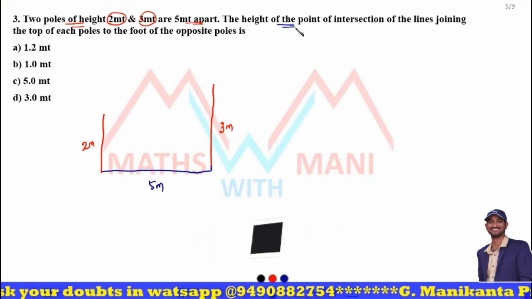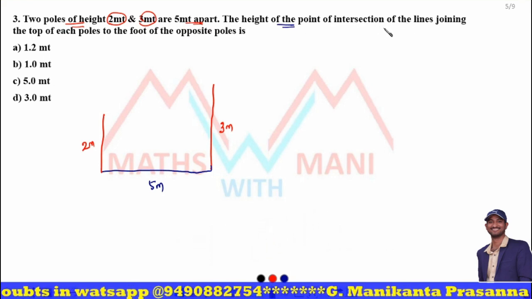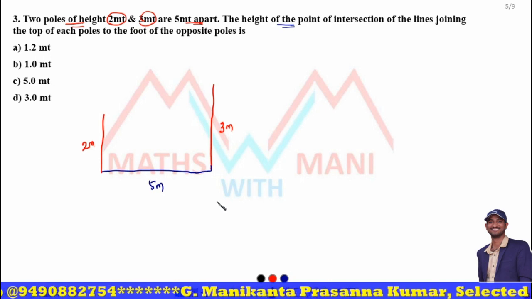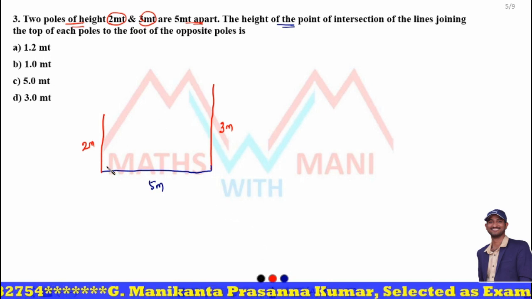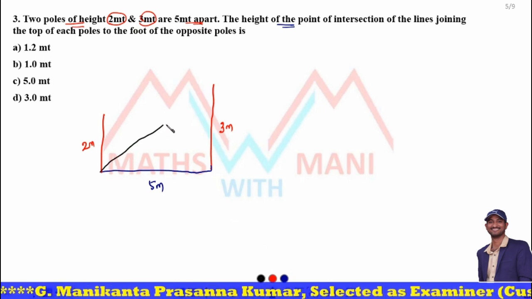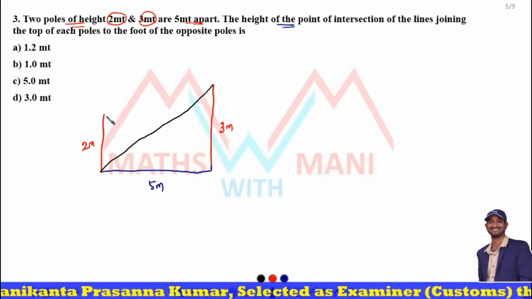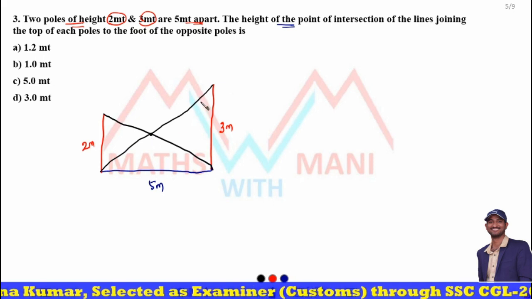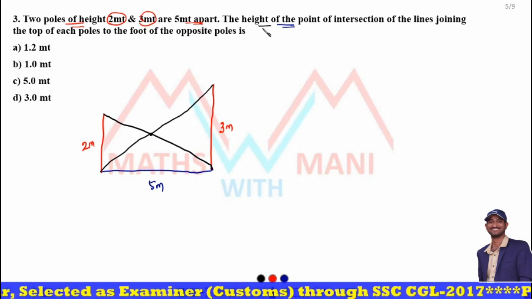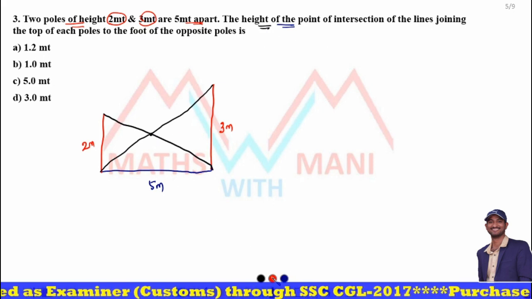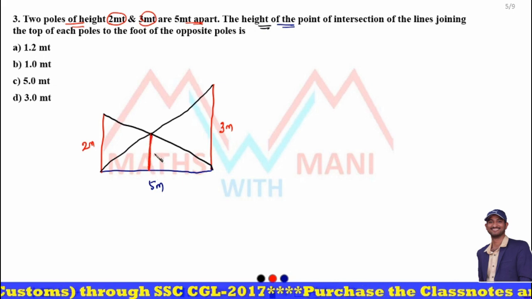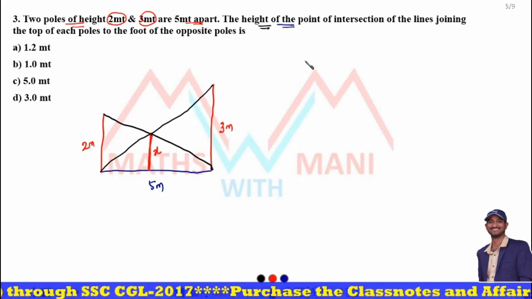The height of the point of intersection of the lines joining the top of each pole to the foot of the opposite pole. That means the foot of the pole to the top of the other pole intersect at some point. What you have to find out is the height of this point of intersection, this length. Suppose this length is x, you have to find x.